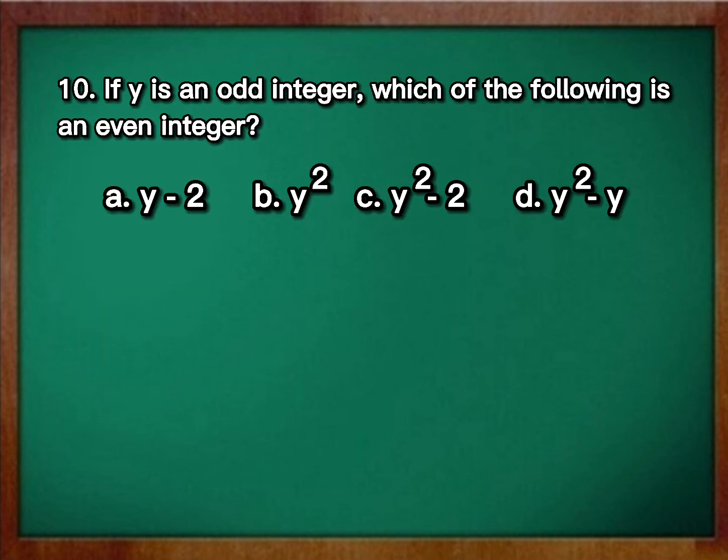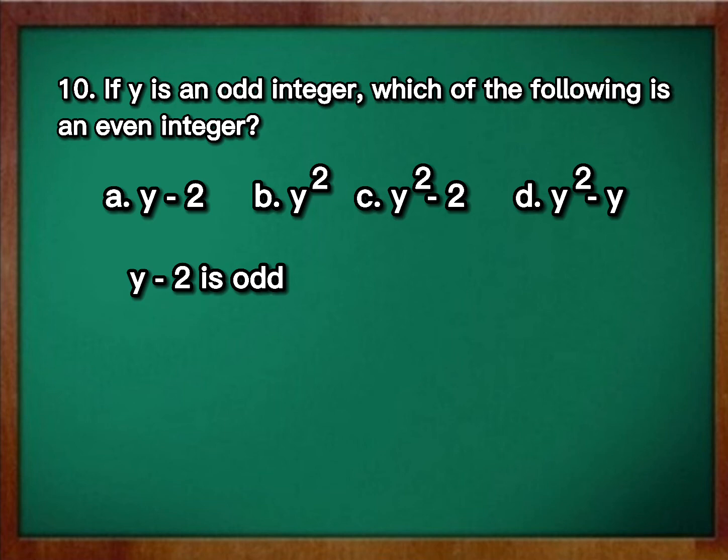Next, if y is an odd integer, which of the following is an even integer? Since y is odd, to make it even, it must be added or subtracted by 1 or any other odd number. So in the choices, y minus 2 is odd because in the question, y is given as an odd number.